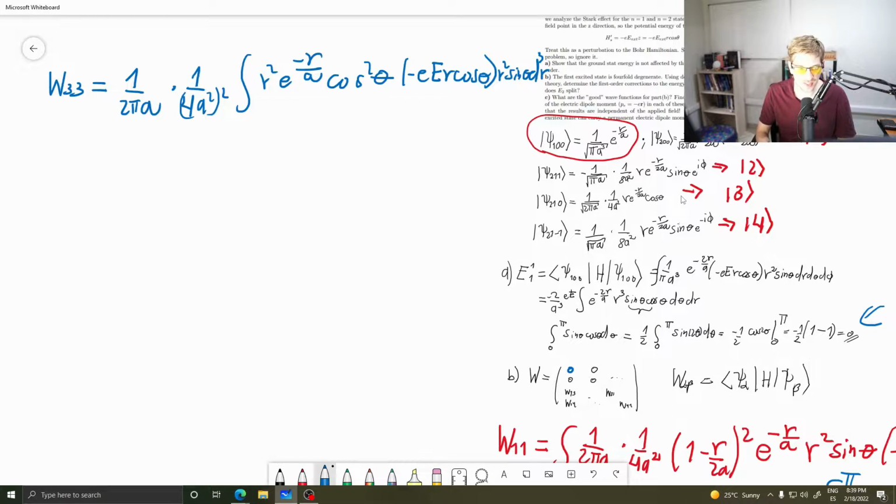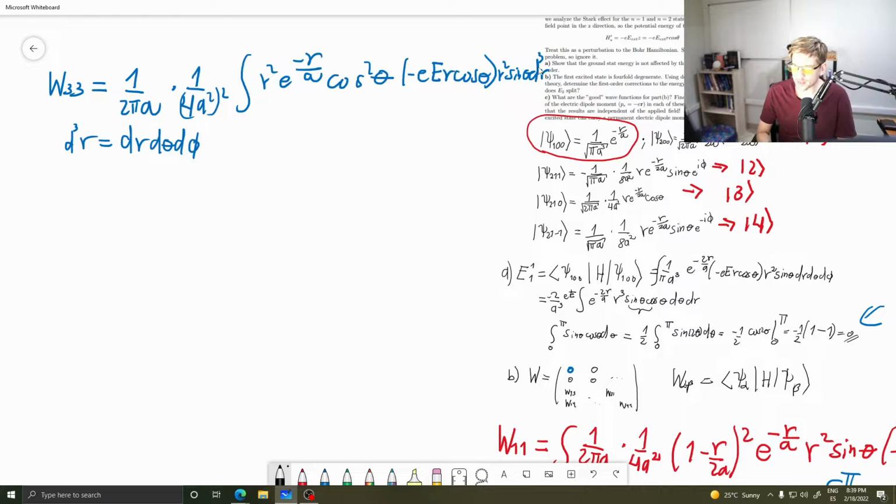I'm lazy, so I'm just writing d3r, which, if you haven't seen it before, d3r is sometimes used as an abbreviation of dr, d theta, d phi, or even other coordinates. It's just a lazy way of writing it. And since I ran out of space, I wanted to use it. Okay. Now, this integral, well, there is nothing related to phi, so the phi integral will give us 2 pi.